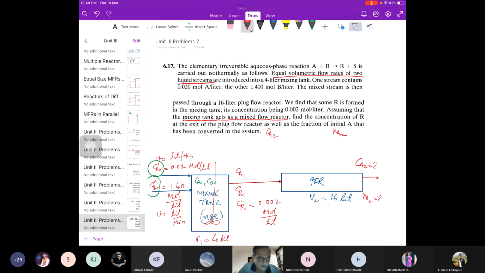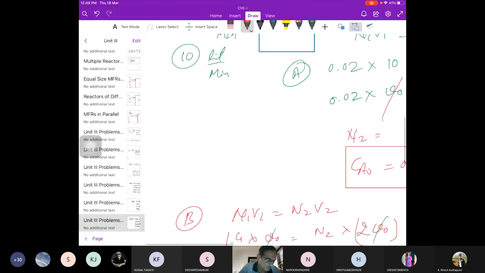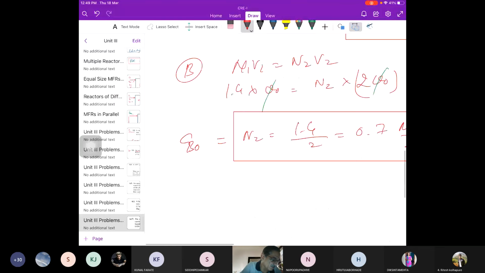It's not given. सर एलिमेंट्री दिया है सेकंड ऑर्डर. Excellent. So elementary reversible reaction दिया है, that means it is second order reaction. Although they are not explicitly stated what is the order of reaction, it is implied that the order of reaction is 2. Right? So what is given is n is equal to 2.